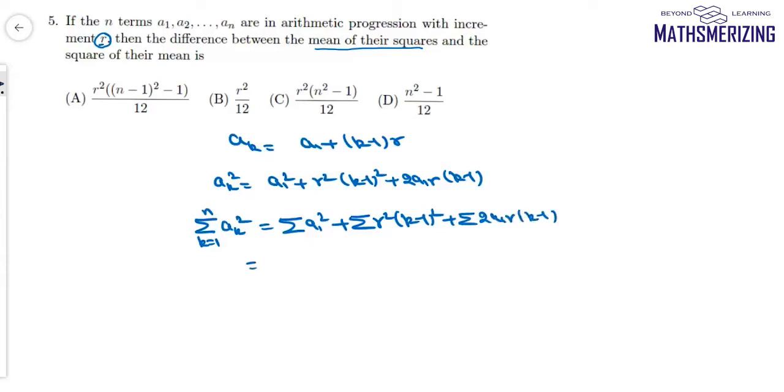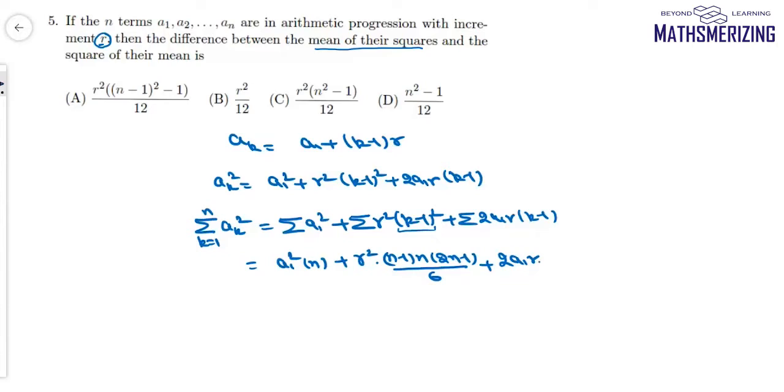Now this first one is simply A1 square, and the summation of a constant is simply N, so there will be A1 square into N. Now plus, here r square is constant, and this is K minus 1 square, so there will be 0 square plus 1 square plus 2 square up to N minus 1 square. So there will be N minus 1 N 2N minus 1 whole divided by 6, and then plus twice A1 r, and here it is 0 plus 1 plus 2 up to N minus 1.